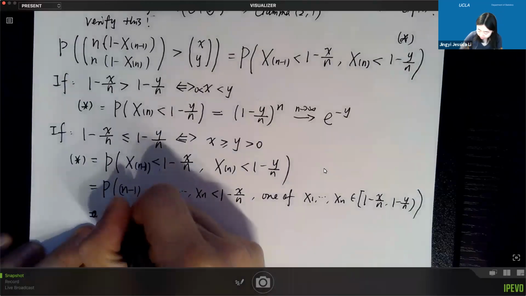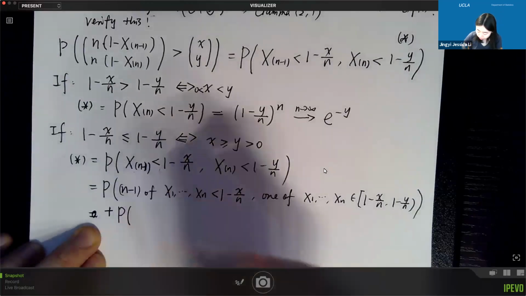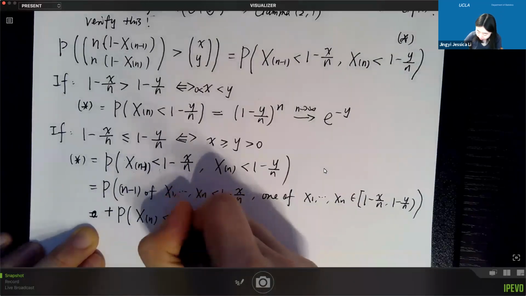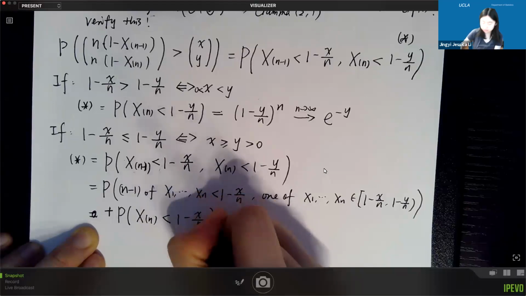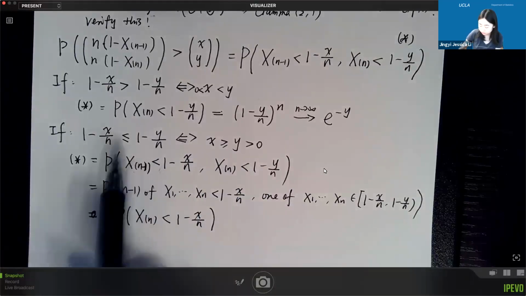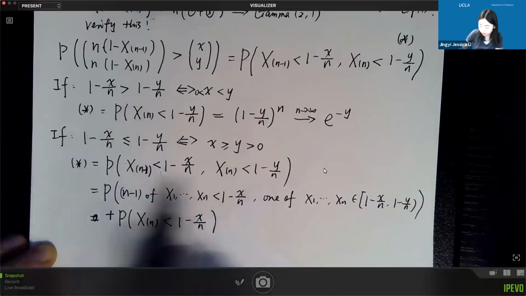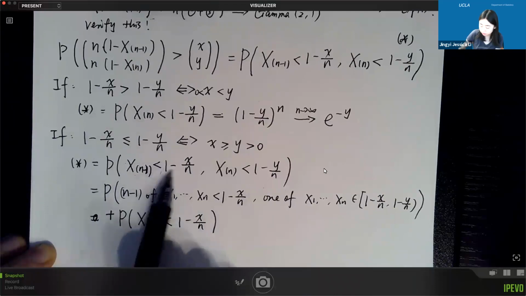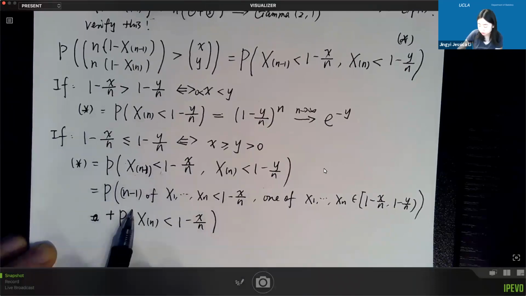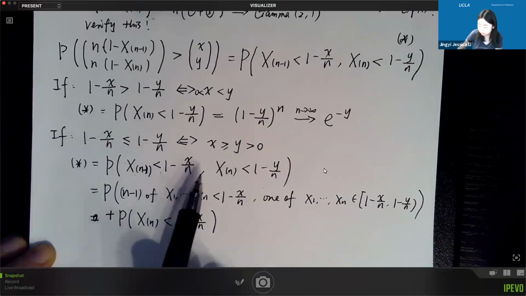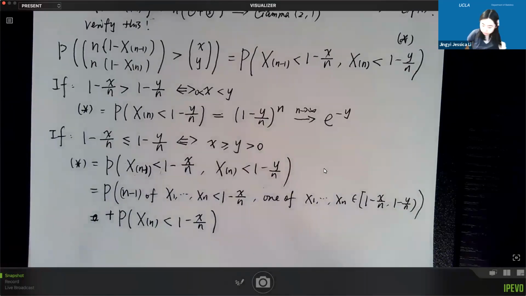So another case is that I do have everything, the maximum, less than 1 minus x over n. Yeah, that's the second case. So they together define this. So basically I separated this event into two cases. One is that everything is under 1 minus x over n. The other case is that only n minus 1 of them are under 1 minus x over n, and the other one is between those two things.